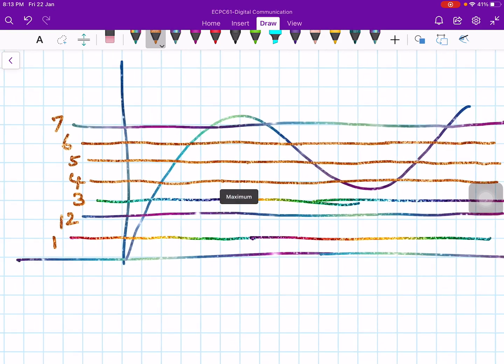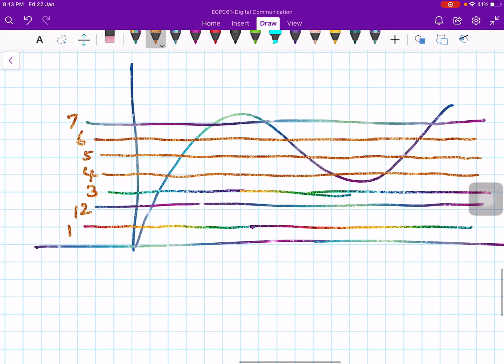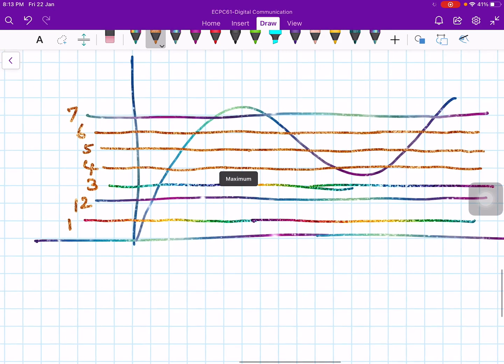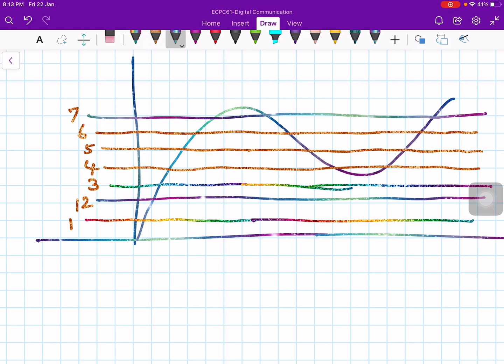Let me enlarge. Now you take the samples. Let me take one sample here, then a second sample here, a third sample here, a fourth sample here, then a fifth sample here, like that.